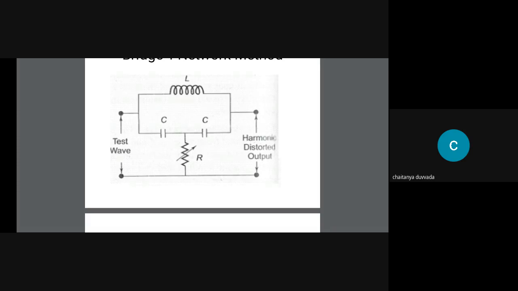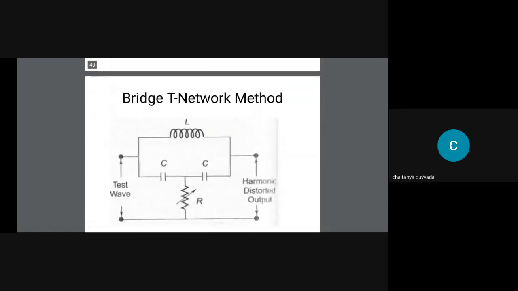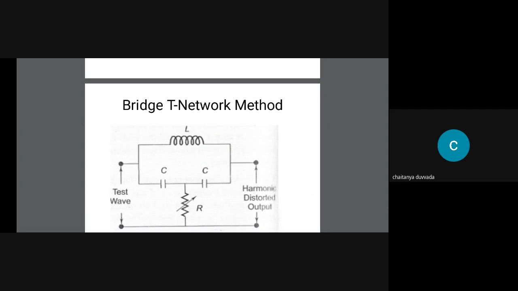In the entire waveform, how many complete cycles are there? That count is known as the harmonic count. So these harmonics can be measured at the output, and some distorted signal is also observed at the output by using the meter. This is regarding the Bridge-T network, students.